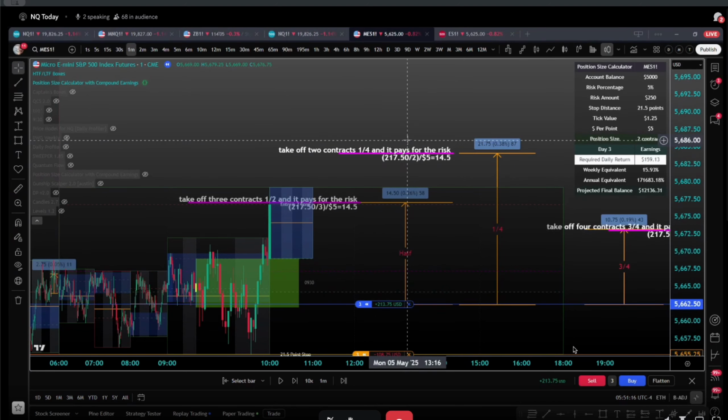Does that make sense? All right. Are we starting to see why the position management, how much your position sizing is, and when you take partials trumps all strategies?